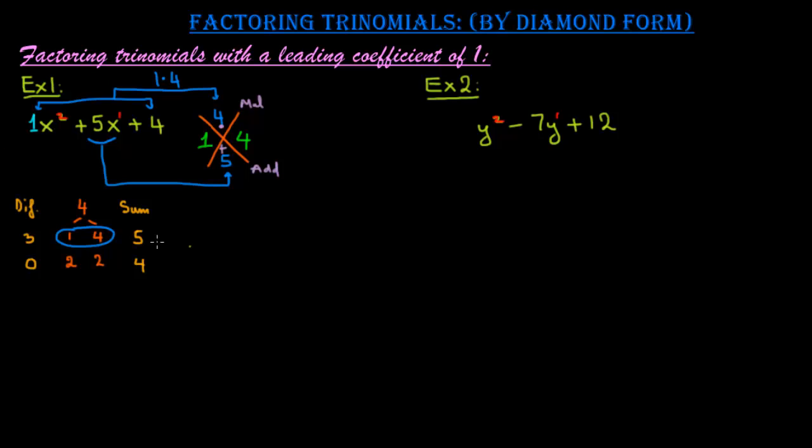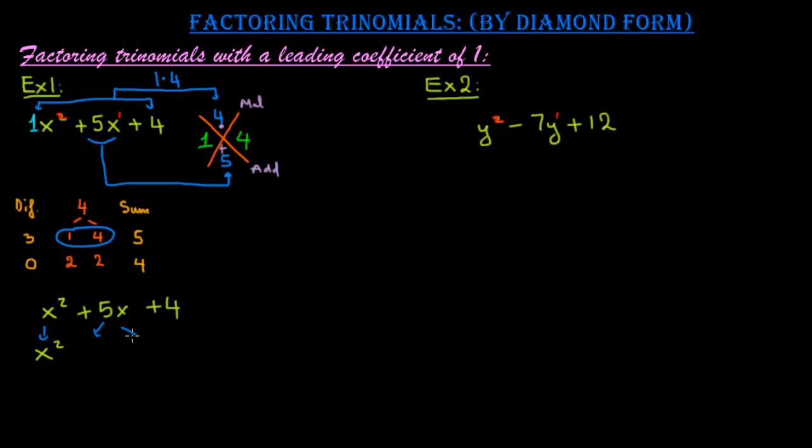So my next step is, let me rewrite the problem first. 1x squared, or I don't even need to write 1x squared, so just x squared plus 5x plus 4. We see that they add up to give me 5, which means I can rewrite this problem: I bring down x squared.